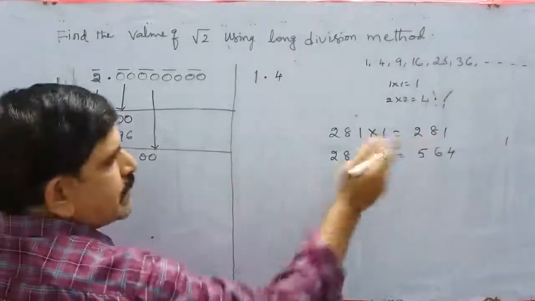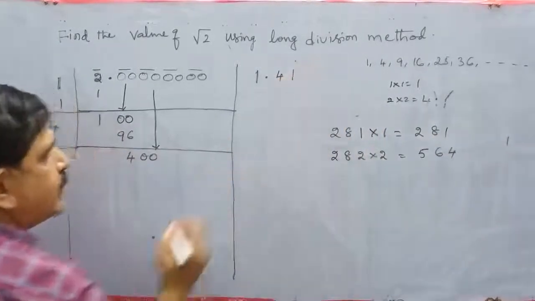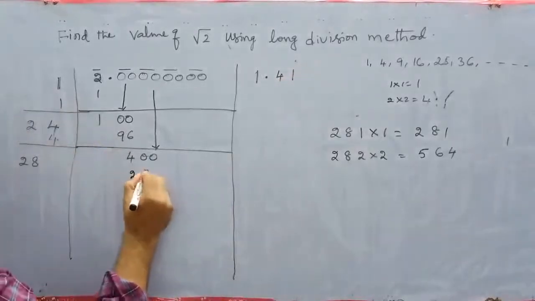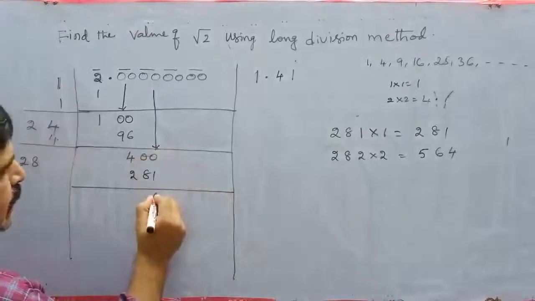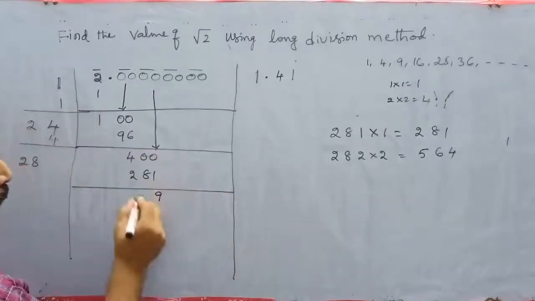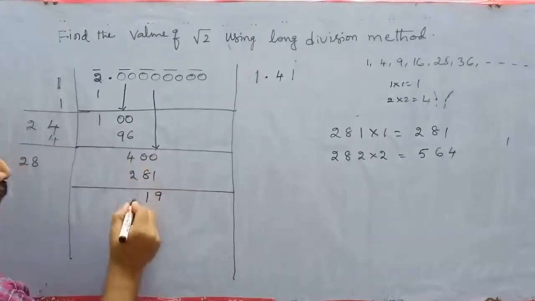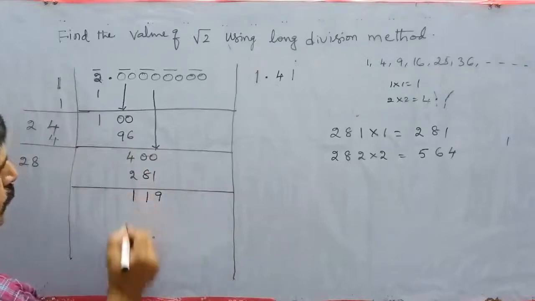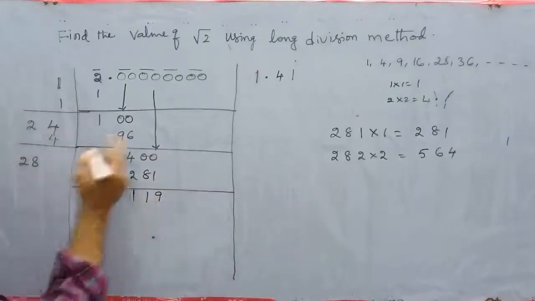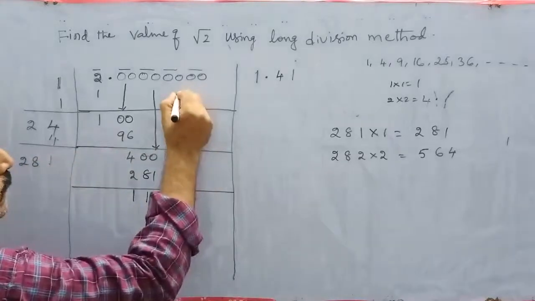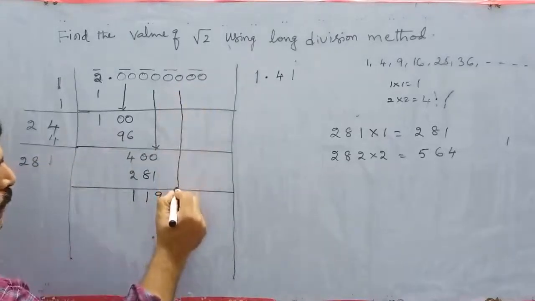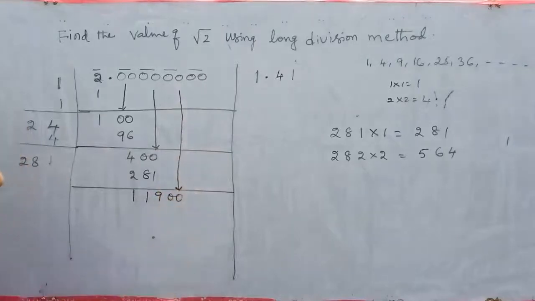So how many times? Only one time. 281. 10 minus 1, 9. 9 minus 8, 1. 3 minus 2, 1. Okay, 181. Next one, we will take next group, that is 2 zeros again.